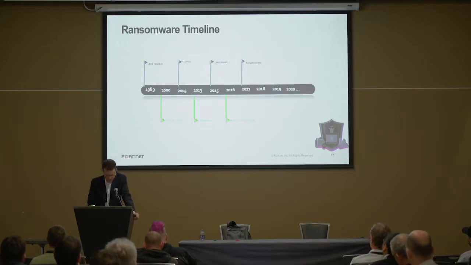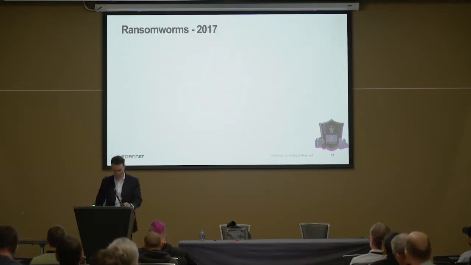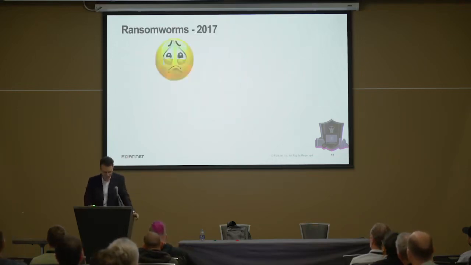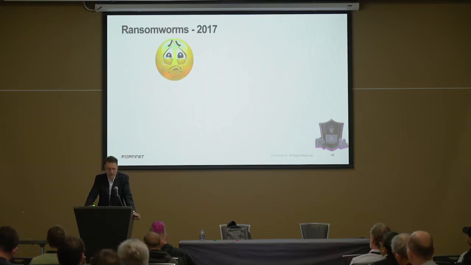So in 2017, that's when the S hit the F. We had WannaCry and Petya, right? I think it was on a Friday in 2017 that WannaCry started hitting computers worldwide. It was using an exploit that was previously disclosed by the NSA and had been patched by Microsoft 2 months before.